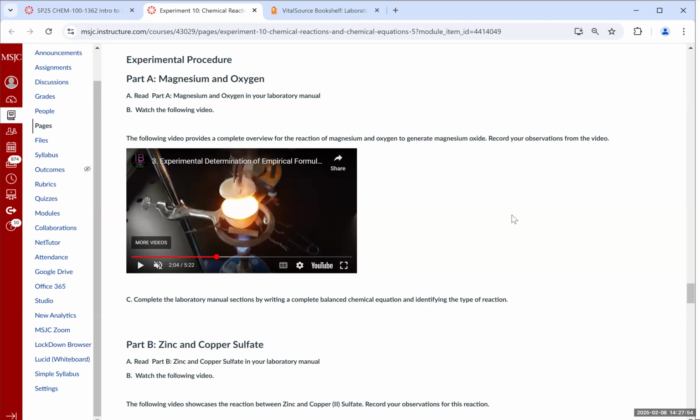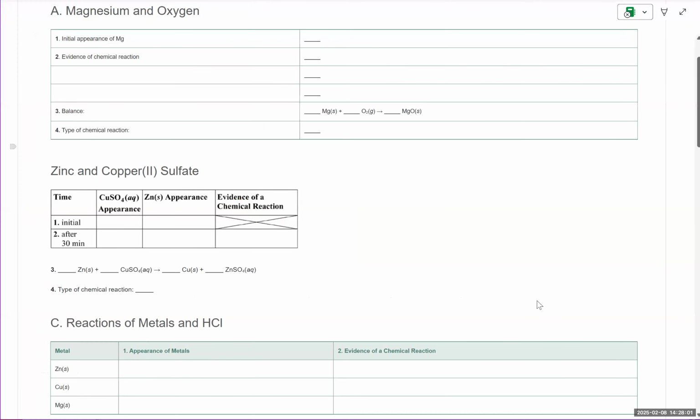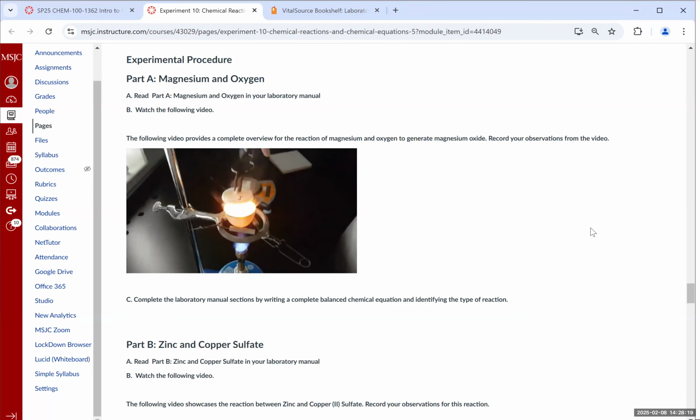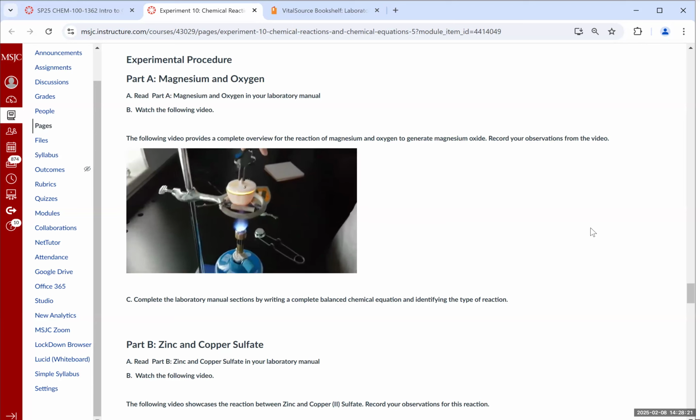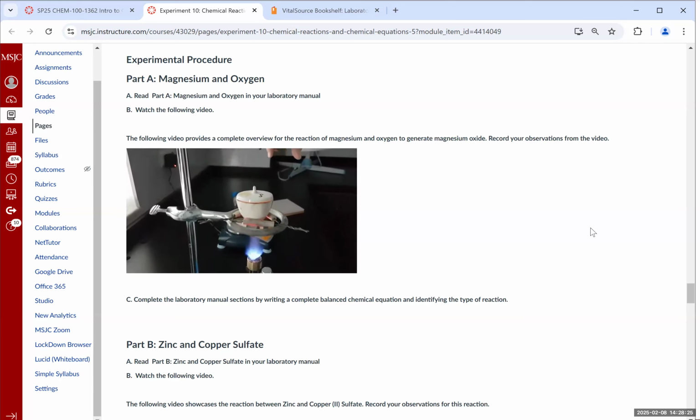So, as we can see in this chemical reaction, one piece of evidence that we could write down: the initial appearance of the magnesium is almost silver. Evidence of chemical reaction, we see a lot of light. The sample is glowing. And as we allow this reaction to proceed, let's pay special attention to what the magnesium looks like at the end of this reaction with oxygen.